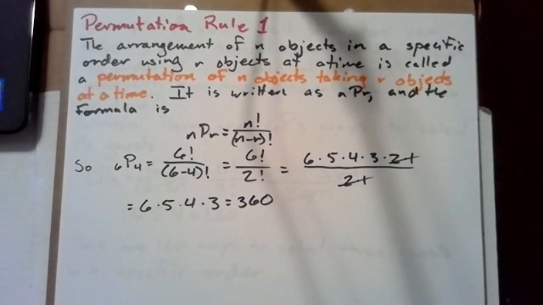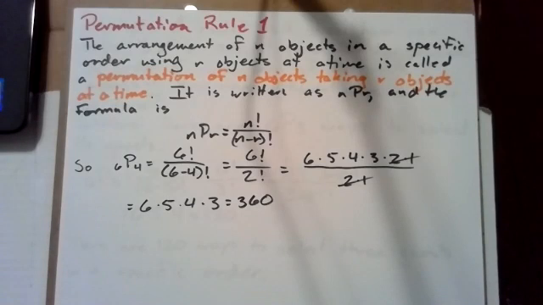Permutation Rule 1. The arrangement of n objects in a specific order using r objects at a time is called a permutation of n objects taking r objects at a time. It is written as nPr, or n pick r, and the formula is nPr equals n factorial divided by n minus r factorial.